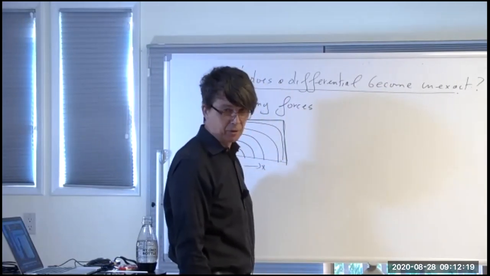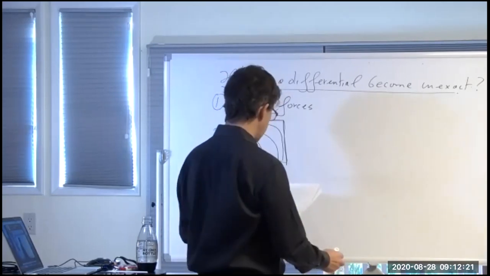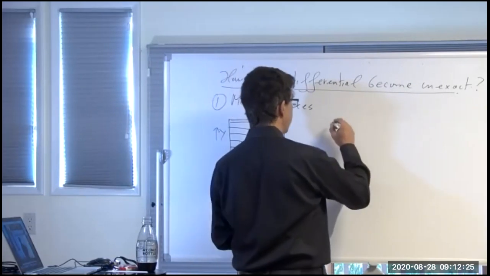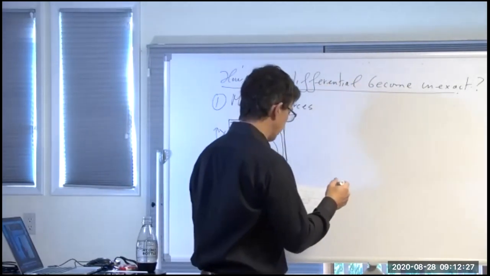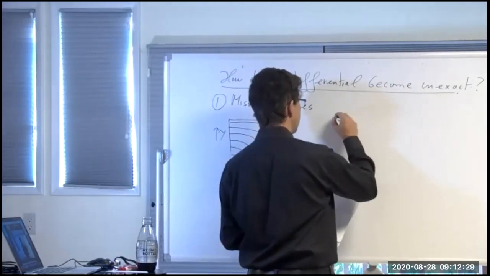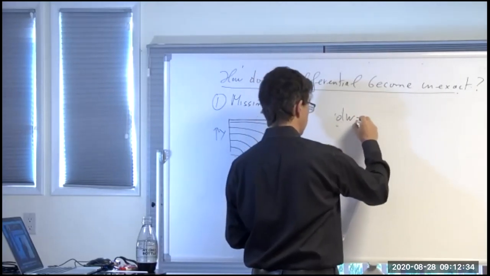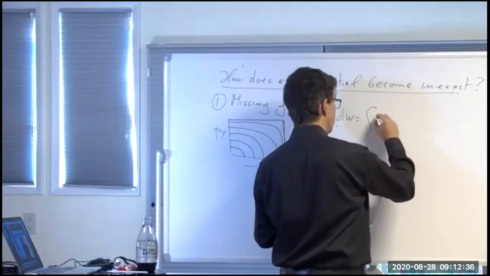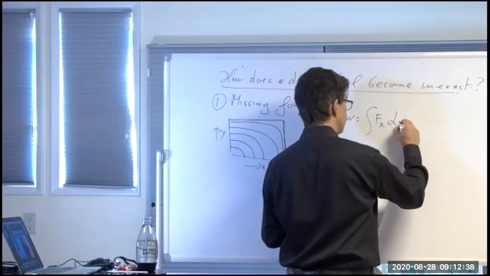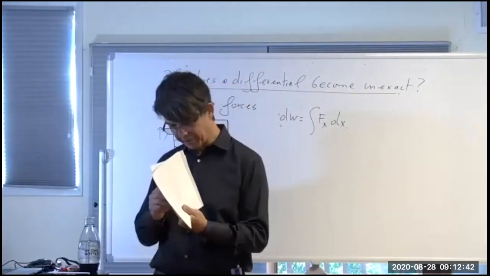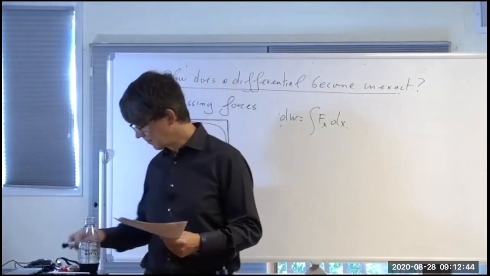I went to the wrong school, and instead of integrating the total force, I think that the differential of work is just the integral Fx dx, right? I didn't pay attention and I forgot the Fy dy in class.